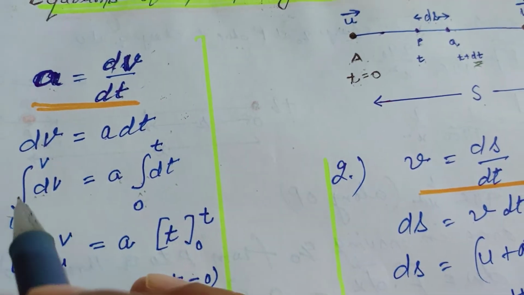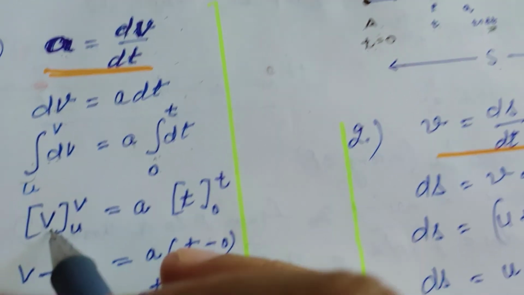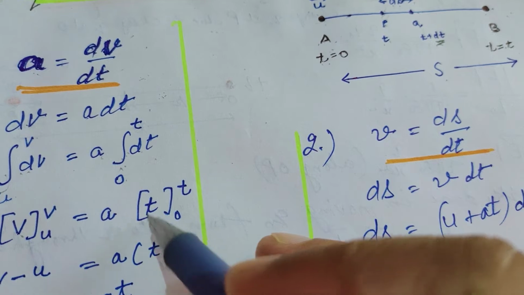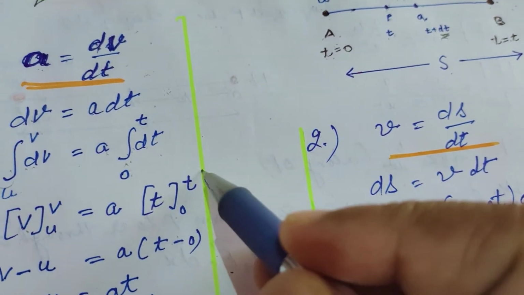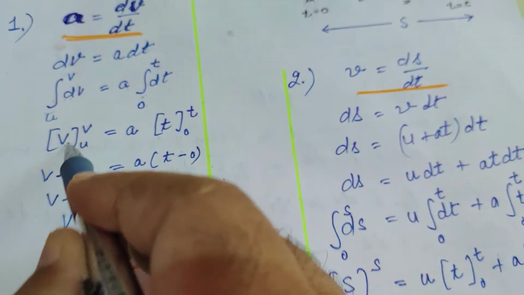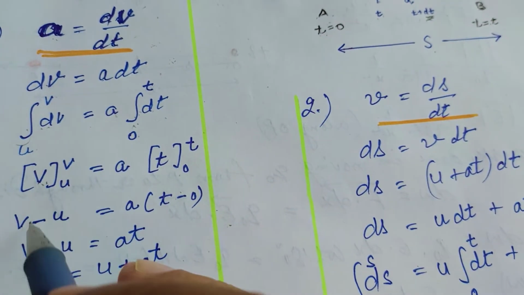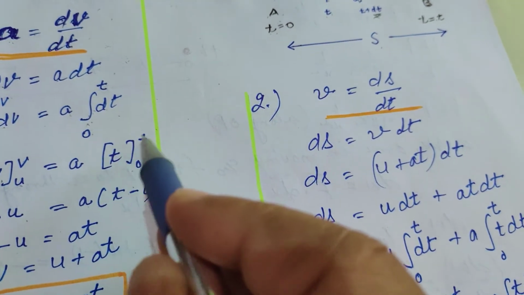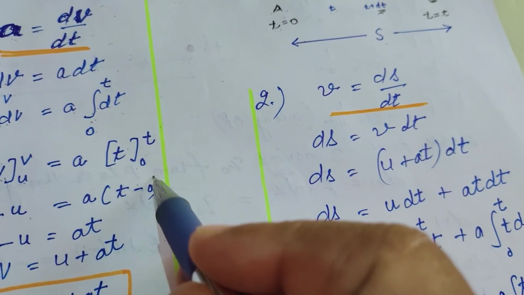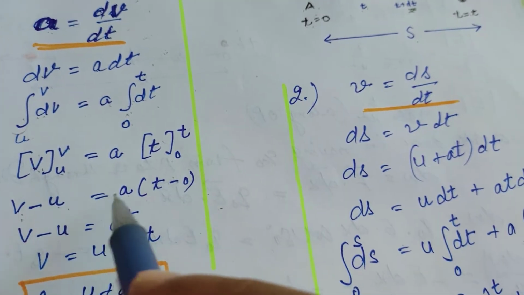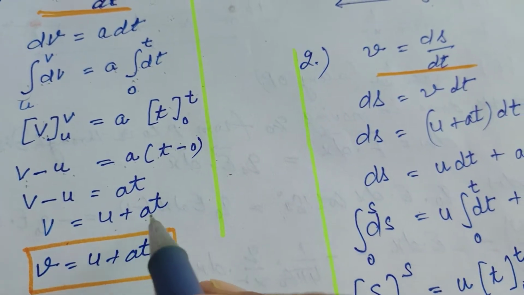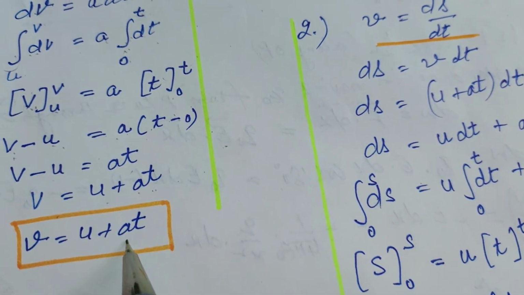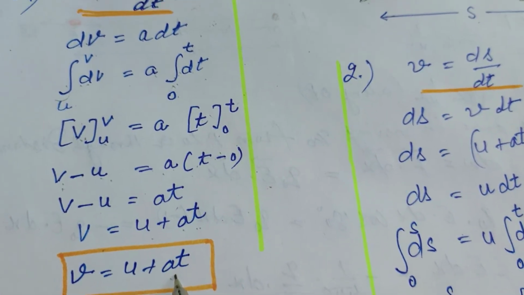Now differentiation and integration cancel, so it will remain v, with limits from u to v, and t from 0 to t. After that we substitute the upper limit v minus the lower limit u, and the upper limit t minus the lower limit 0. So v minus u is a into t, so v is equal to u plus at. This is your first equation, v equals u plus at.